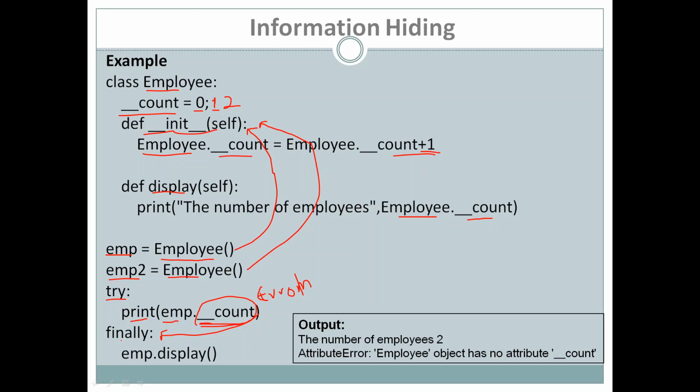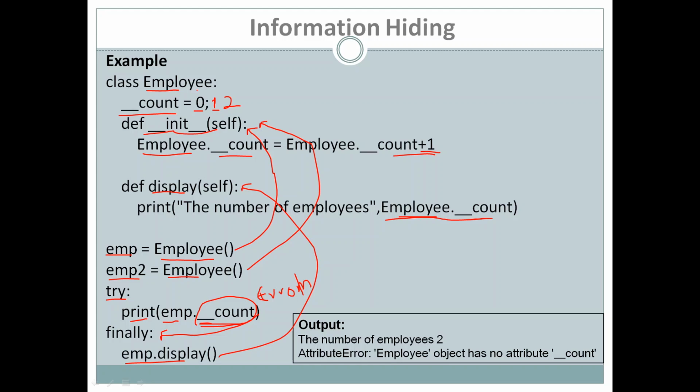So it goes to the finally block, and in the finally block we are calling the method emp.display. Whenever we call emp.display, it goes to the display method, and in the display method it will print the count.